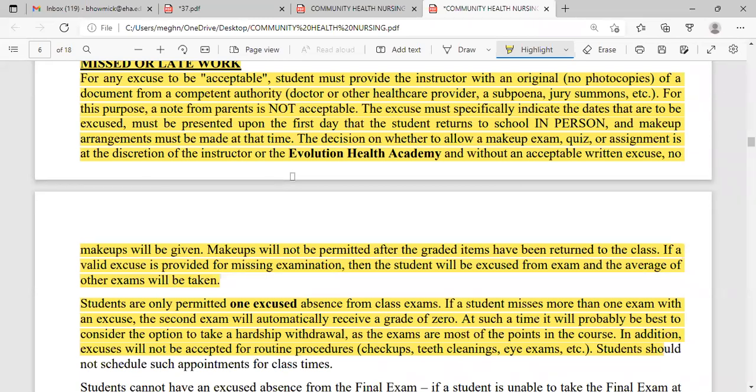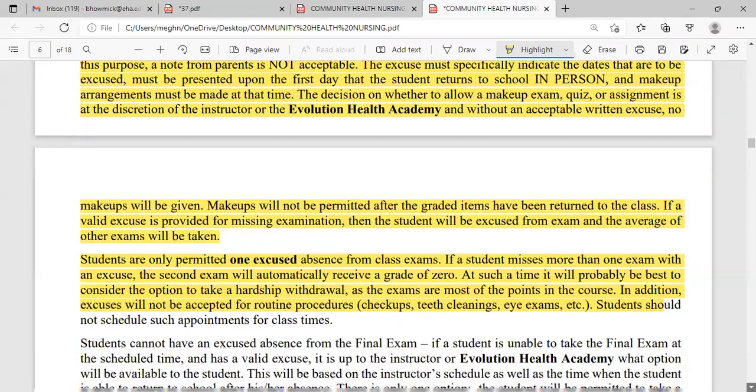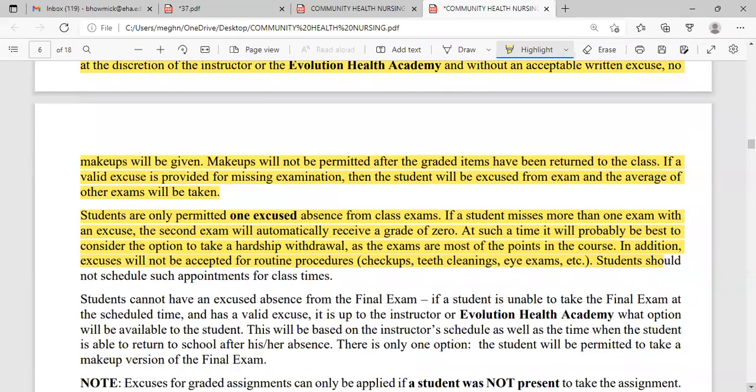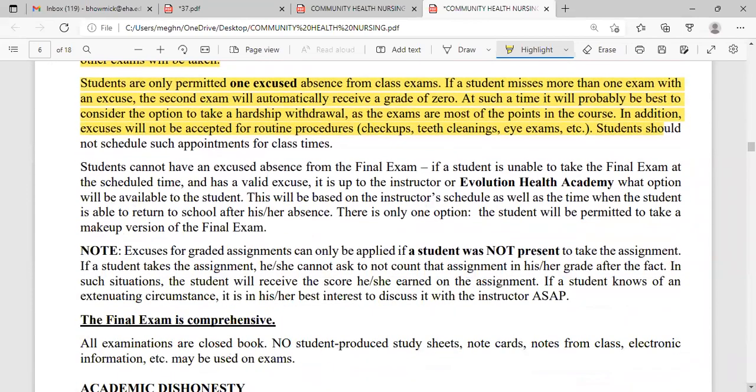Also, make-up assignments must be arranged at that time. The decision on whether to allow a make-up exam, quiz, or assignment is up to the instructor, right? Without an acceptable written excuse, no make-up will be given.